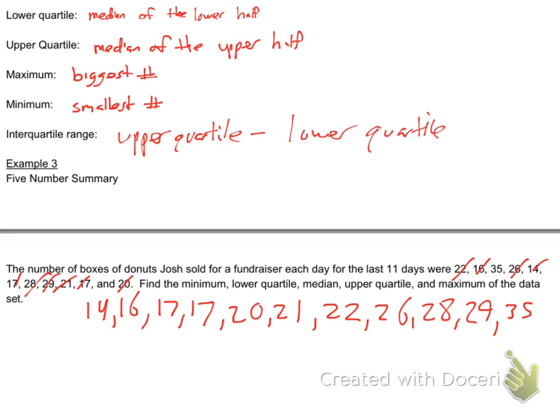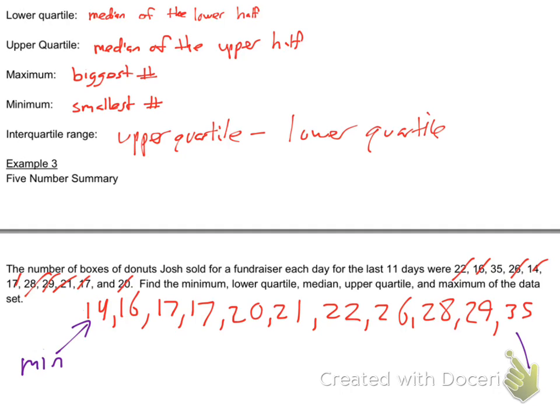Now all we have to do, guys, is state the 5 things. I'm going to be nice to you guys. I can go like this. This one is the minimum.